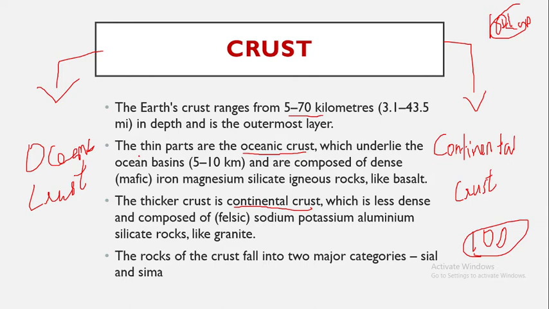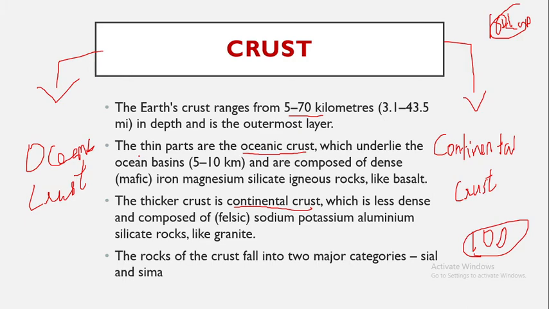Then the thin parts are the oceanic crust, which underlie the ocean basin. So what is the thickness of this oceanic crust? It is nothing but 5 to 10 kilometers. Only 5 to 10 kilometers thickness is there for the oceanic crust, and it is composed of dense iron, magnesium, silicate igneous rocks.